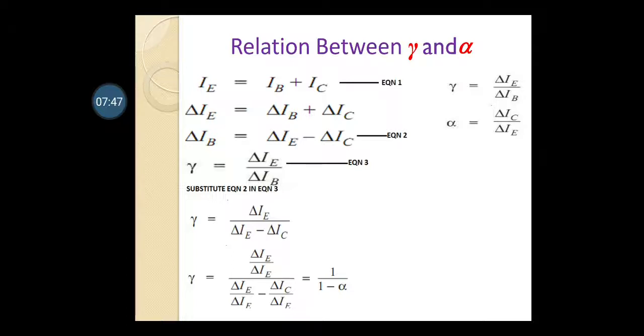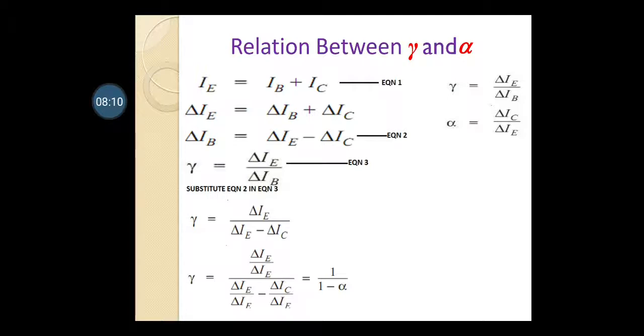You should know the formulas for gamma and alpha, written on my right hand side. Gamma is equal to del IE upon del IB and alpha is equal to del IC upon del IE. The very first thing, you start with IE is equal to IB plus IC. Everybody knows the emitter current is always equal to the base current plus the collector current.